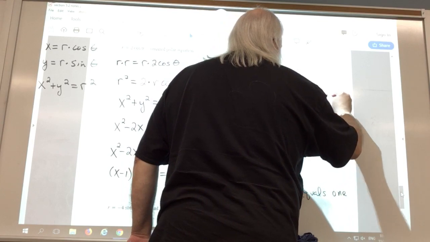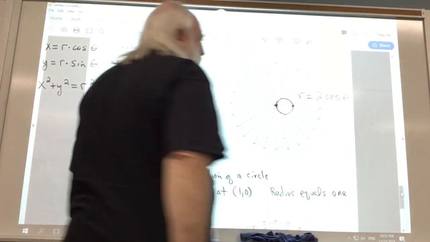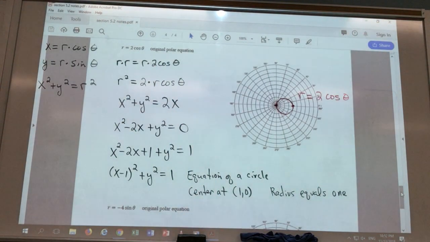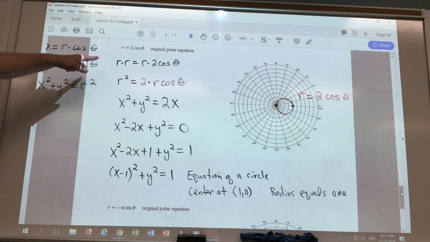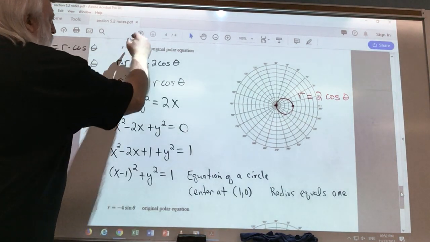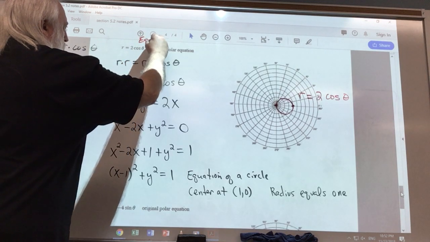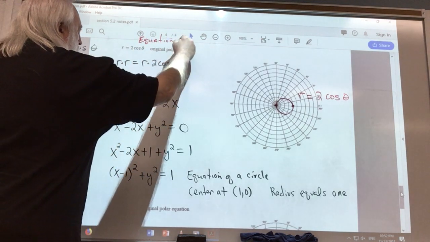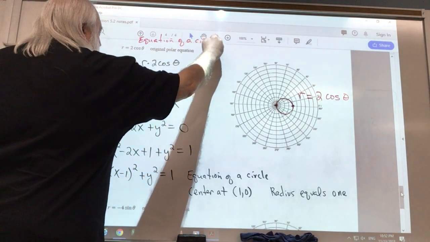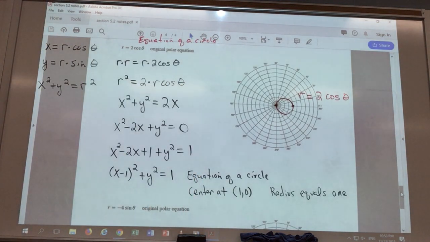So this equation up here, r equals 2 cosine theta, is the equation of a circle. And that circle has a radius of 1 unit.